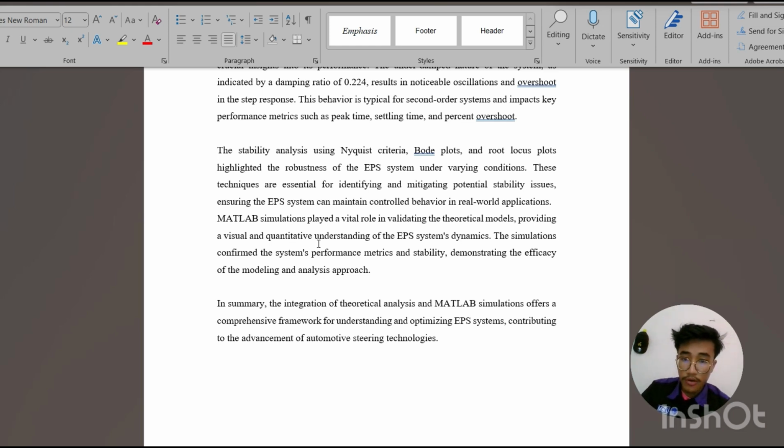The simulations confirm the system performance metrics and stability, demonstrating the efficiency of the modeling and analysis approach. In summary, the integration of theoretical analysis and MATLAB simulations offers a comprehensive framework for understanding and optimizing the EPS system, contributing to the advancement of automotive steering technologies.